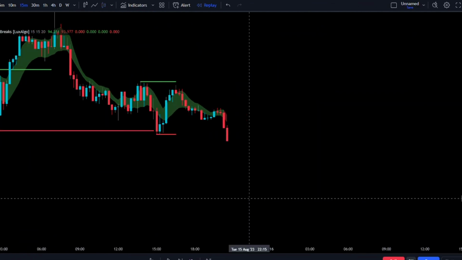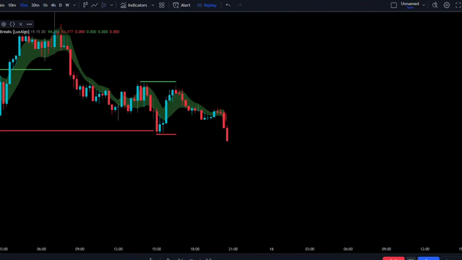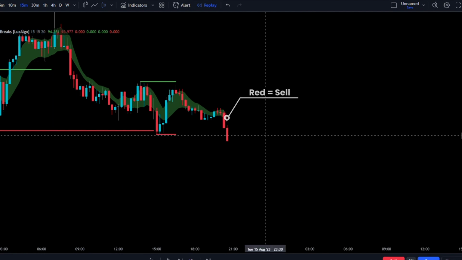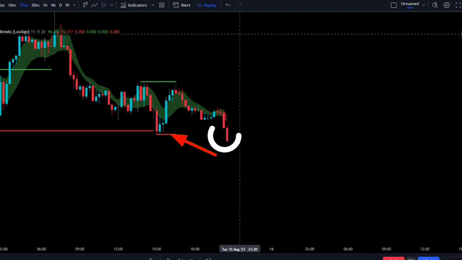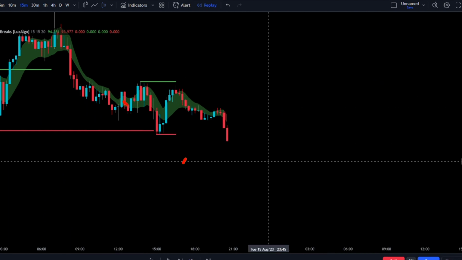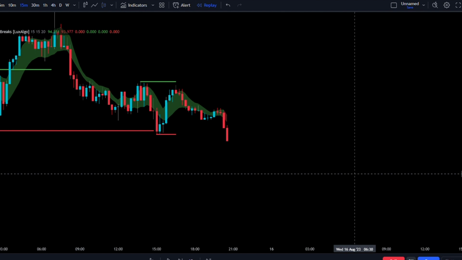Now let's go and take a look at another short example. As we can see here, the RSI momentum trend is colored in red, signifying we're in a sell structural market. And secondly, we've had a clean break below the red line with no previous candles rejecting the red line, meaning that this is a verified entry signal.